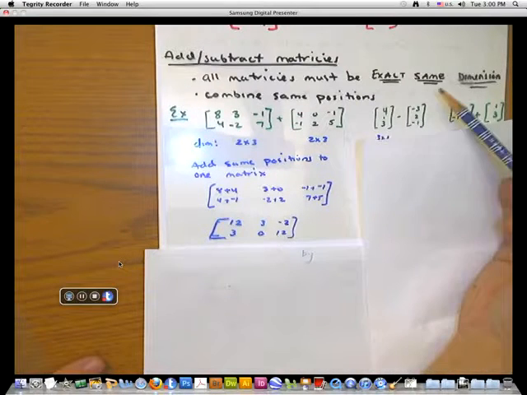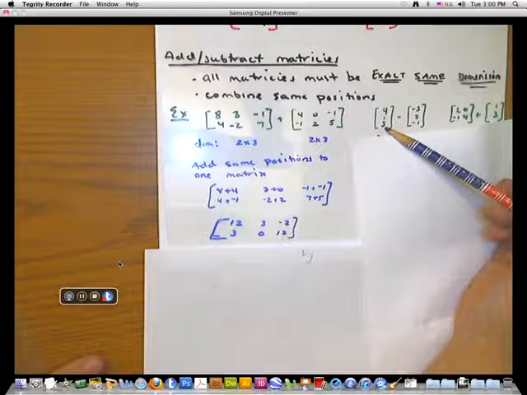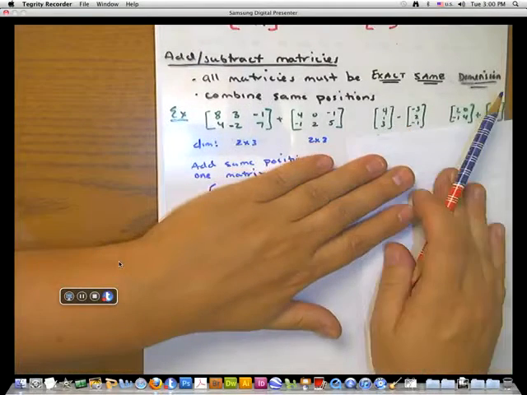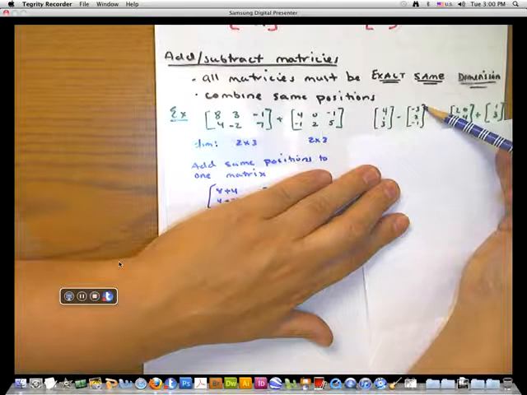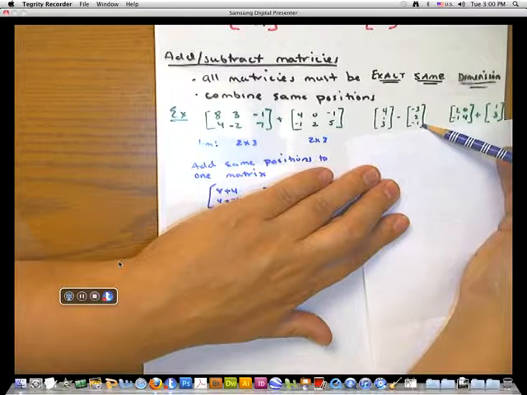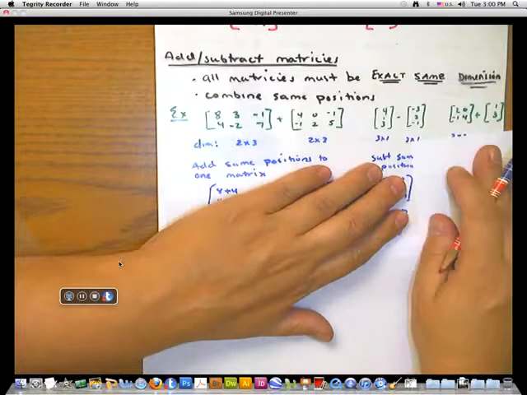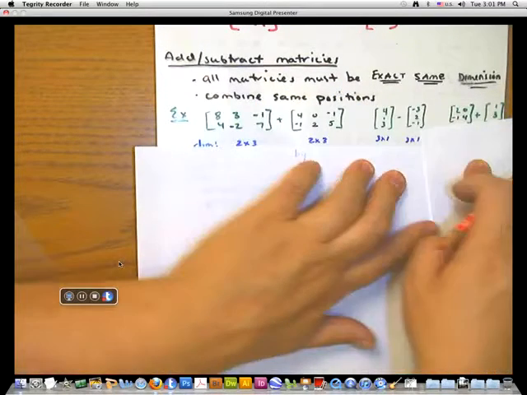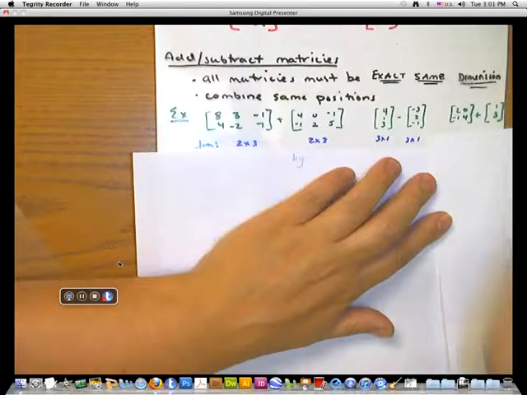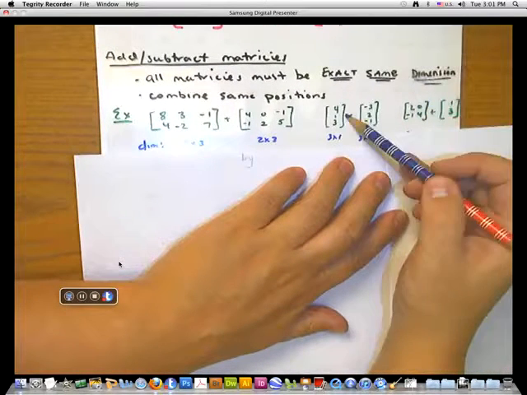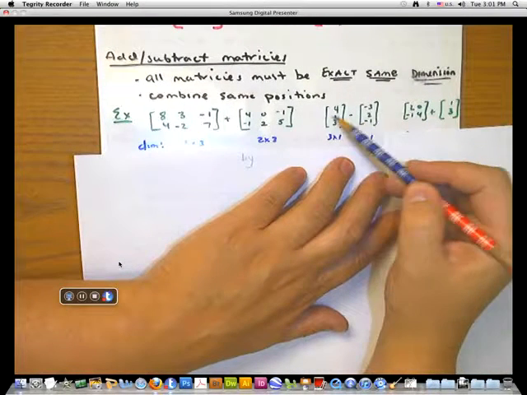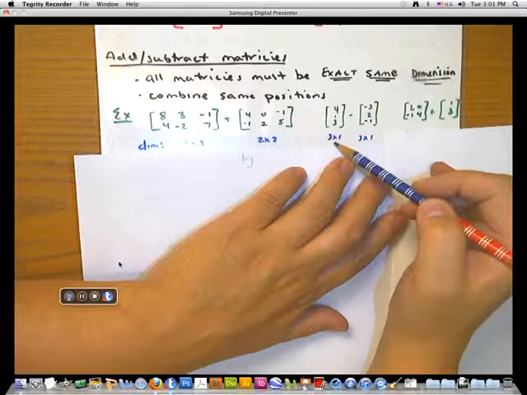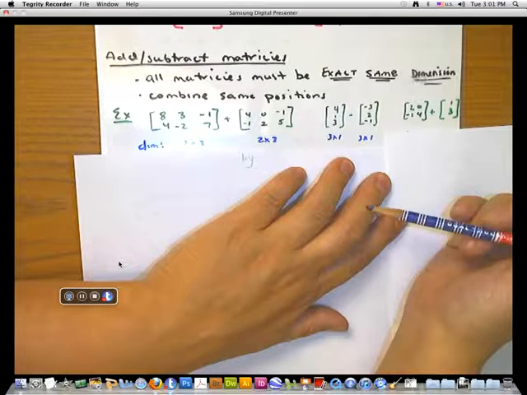All right, try it again. Here we're going to have the matrix 4, 1, 3. And we're subtracting -3, 2, and -1. First thing you have to do is make sure that they are the same dimensions. In this case, there are 3 rows and only 1 column. So 3 by 1, 3 by 1, we can subtract them.